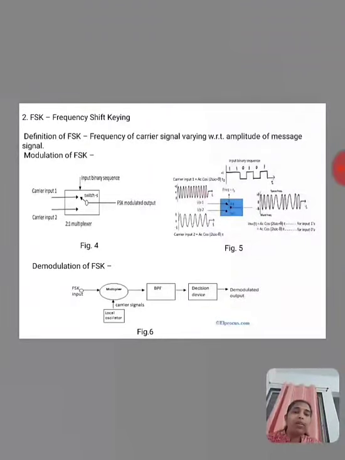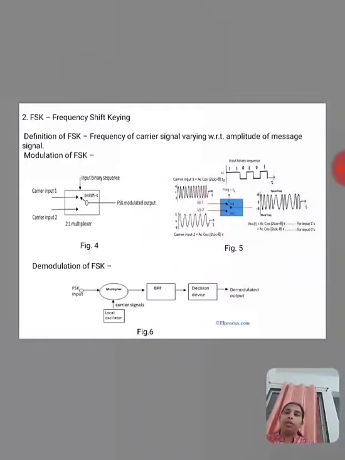If the binary input is 1, then switch S switches to the carrier frequency at input 1, that is the high frequency carrier signal, and if the binary input is 0, then it switches to the low frequency carrier signal. At the output, according to the switching, we get the frequency changes. So the frequency of the carrier signal varies with respect to the amplitude of the message signal.